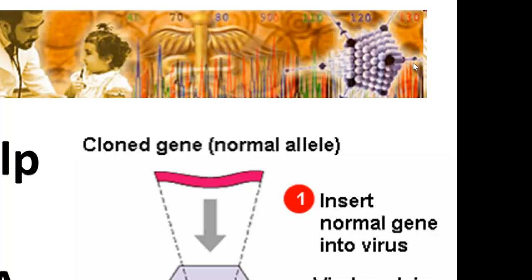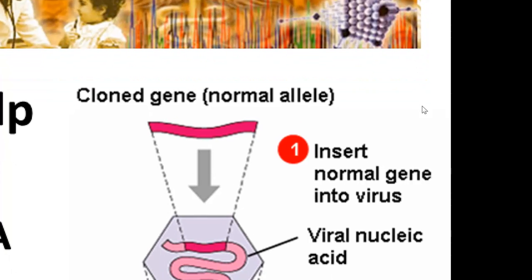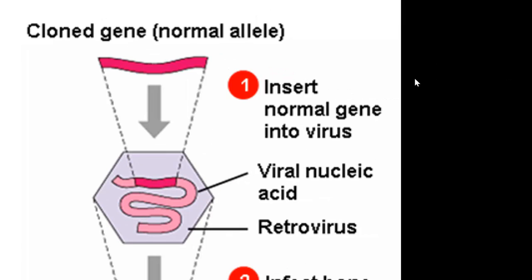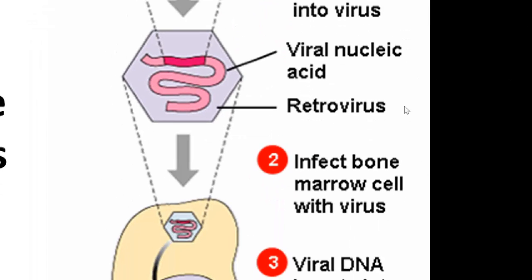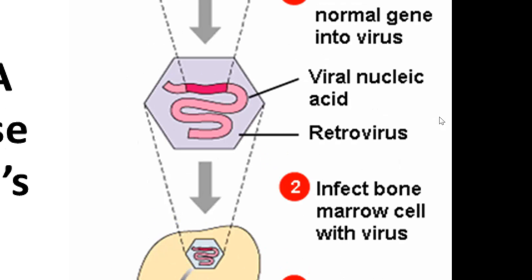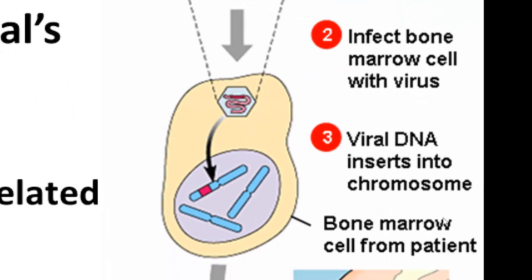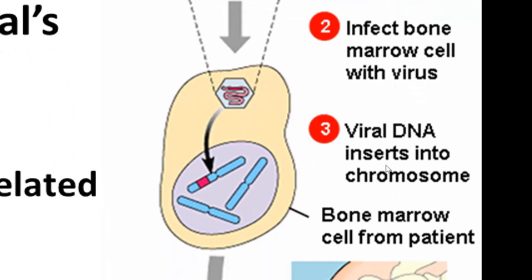If you put it into someone that has maybe bone marrow issues, where they have bad bone marrow in their bones and they need more normal cells, you would take the normal gene and insert it into a virus, into a viral nucleic acid, and then use a retrovirus, which is a virus that you modify by inserting this little piece of DNA.